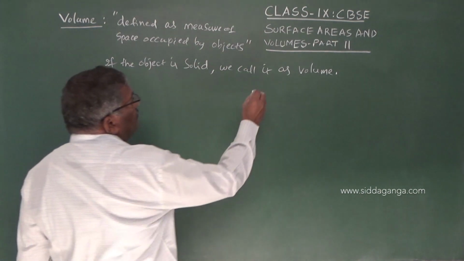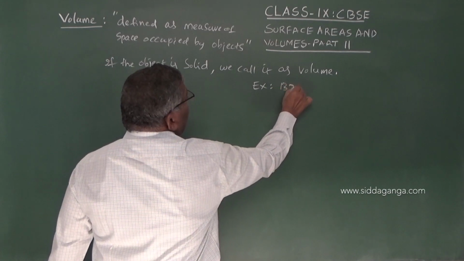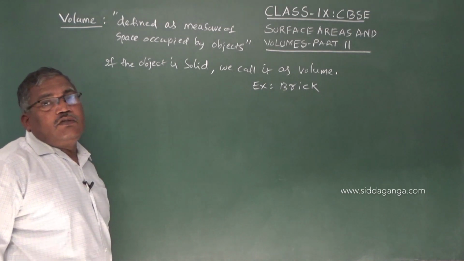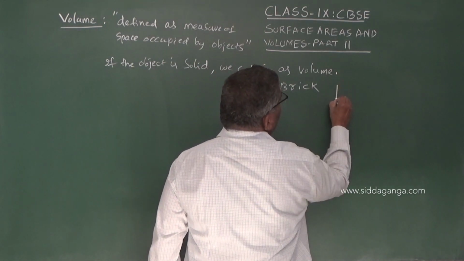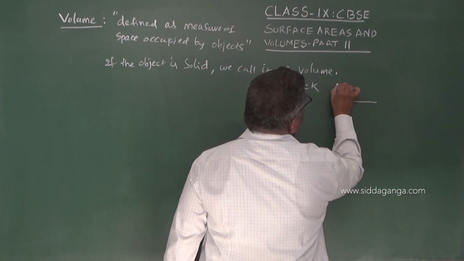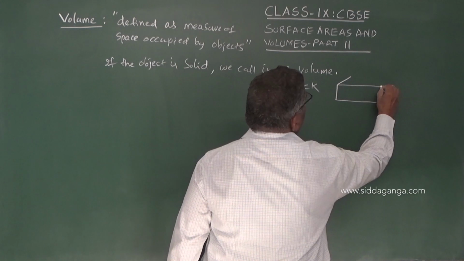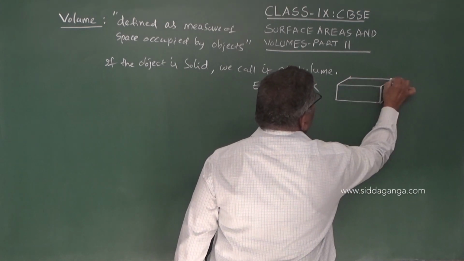So here you can quote the example. So best example, practical example is brick. So a brick will be of this shape. It is cuboid in nature. All of you are familiar with this object.